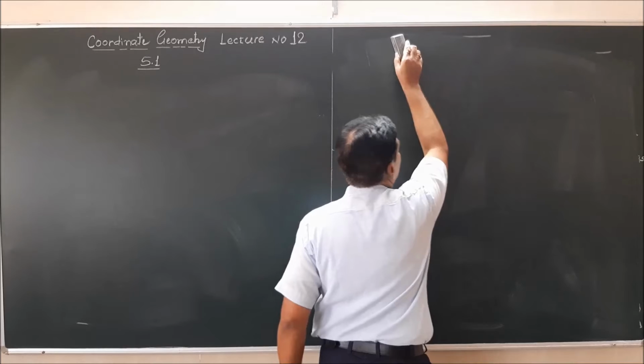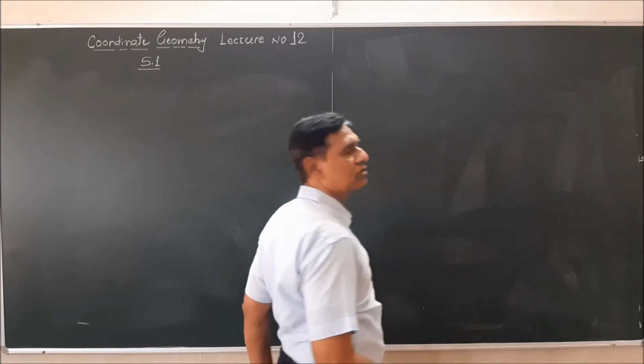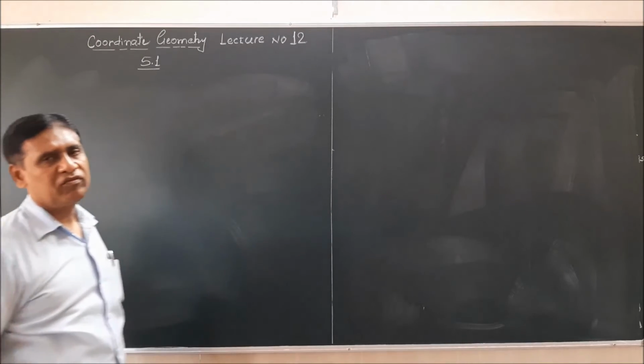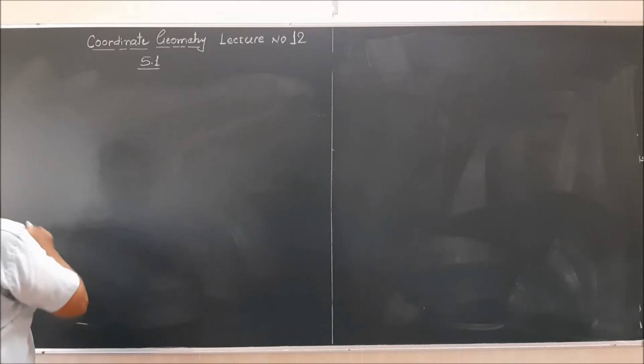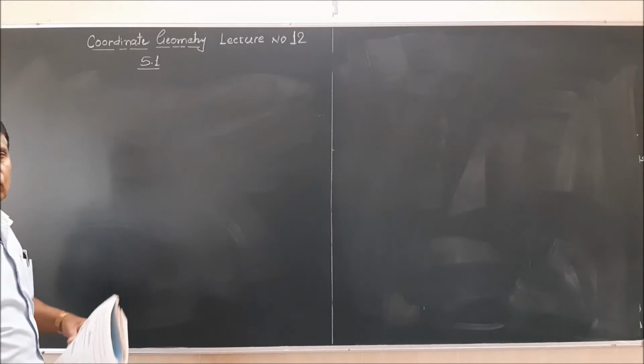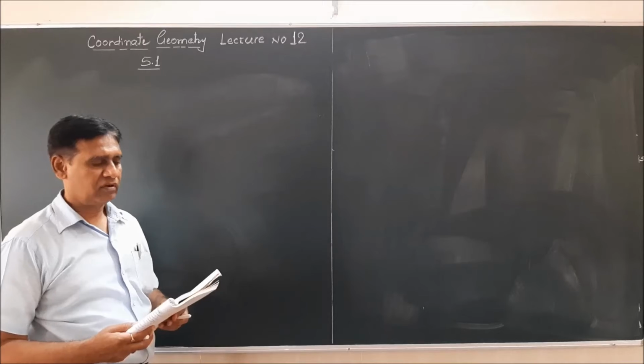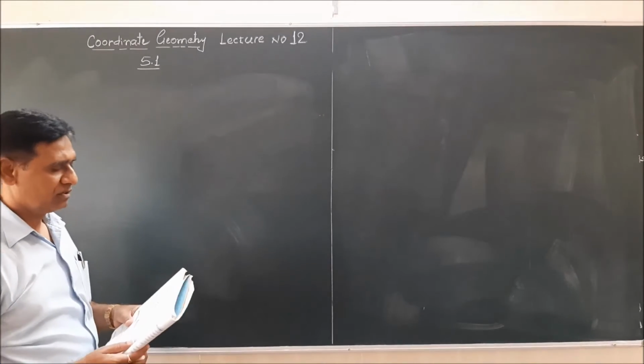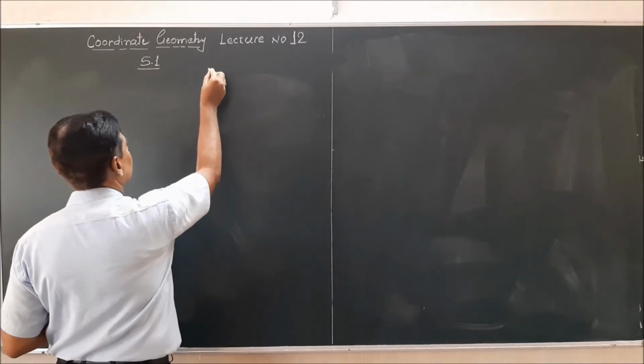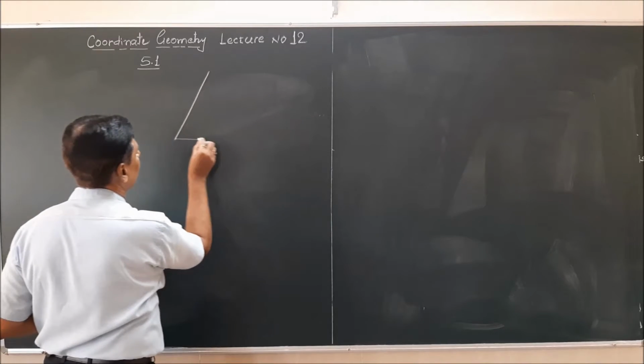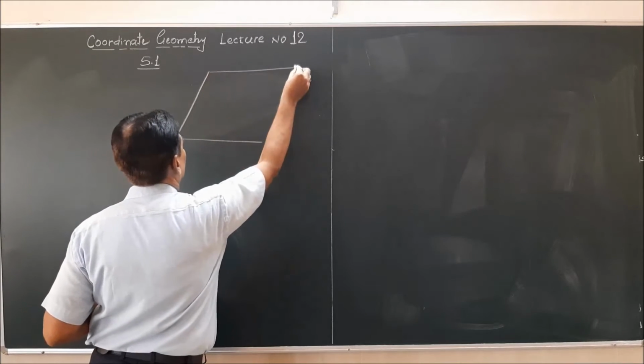So please see here, there is no need to draw a figure in the examination, but for your convenience I am going to draw a figure. There are no marks for this figure at all. So you will find PQRS, simply for the sake of convenience, here I have drawn.